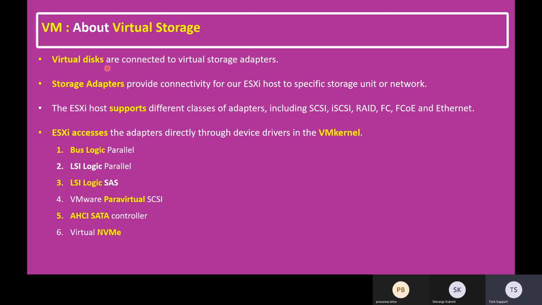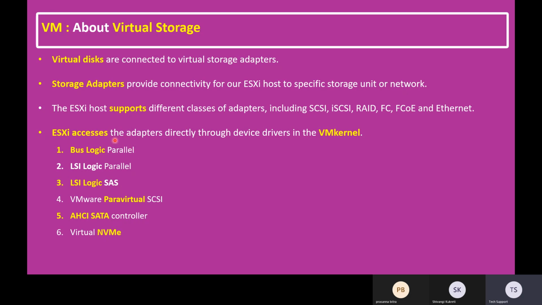Virtual disks are connected to virtual storage adapters. Storage adapters provide connectivity for our ESXi host to specific storage units or networks. ESXi hosts support different classes of adapters, including SCSI, the software SCSI adapter and also the iSCSI software adapter. We also have RAID adapter cards, Fibre Channel, FCoE (Fibre Channel over Ethernet), and also Ethernet cards.